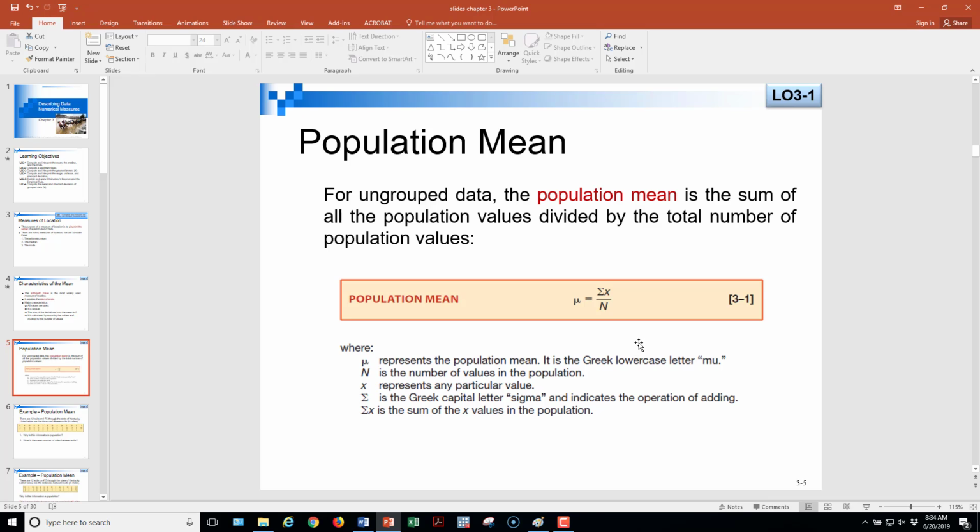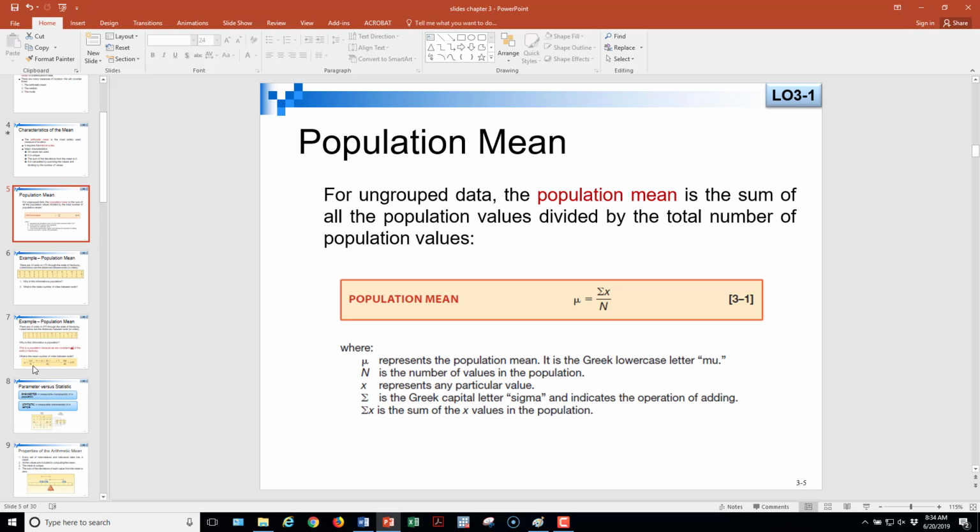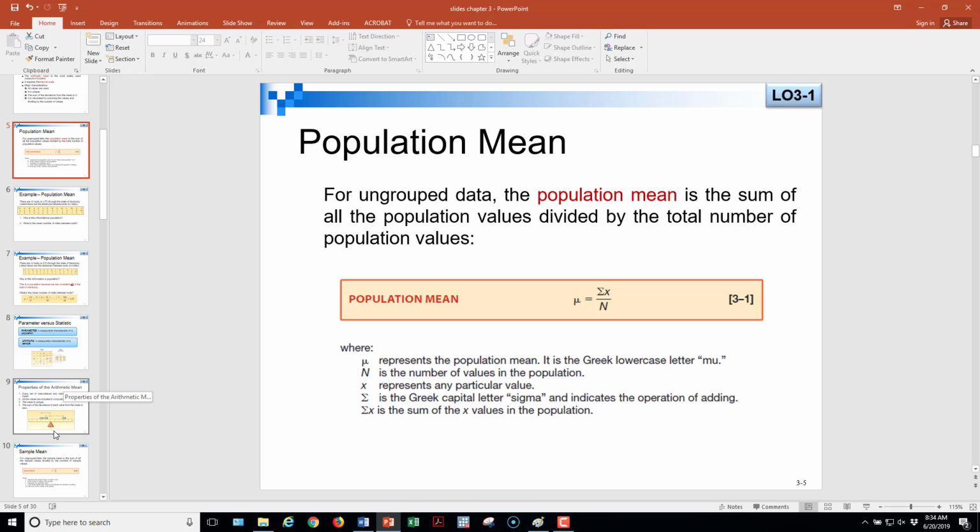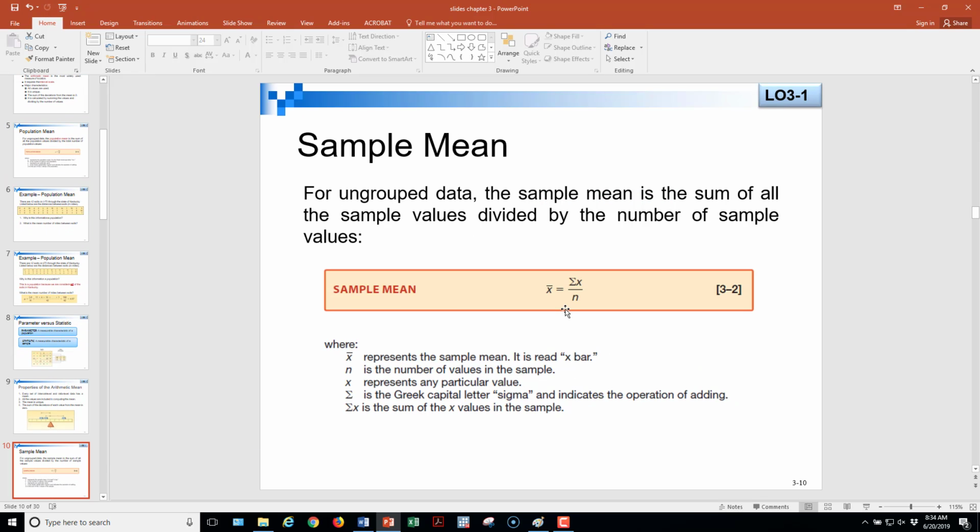It can be the population mean, indicated by the Greek letter mu, or the sample mean, indicated by the letter x bar. The formula is the same, the summation of x divided by n, where sigma, of course, is the Greek letter that indicates the operation of adding.